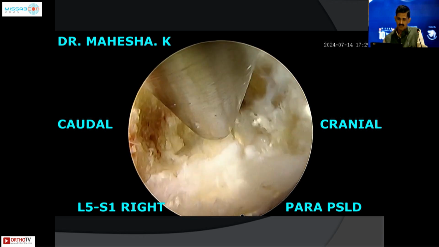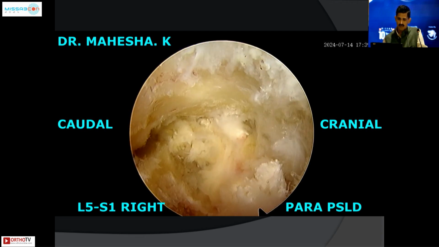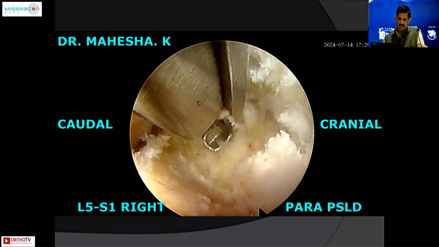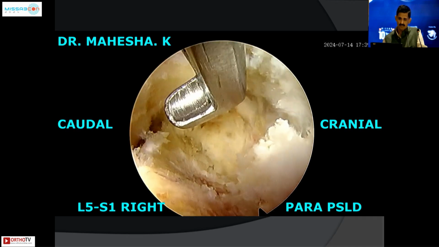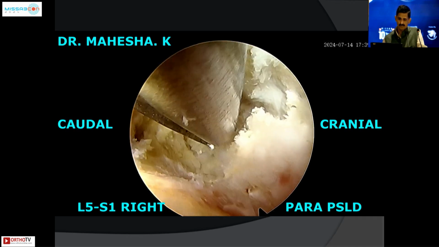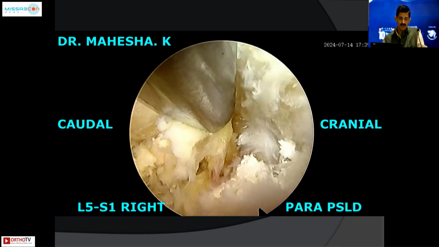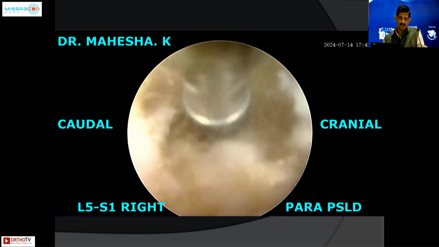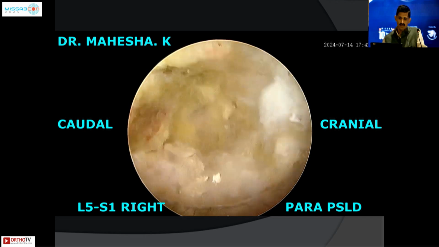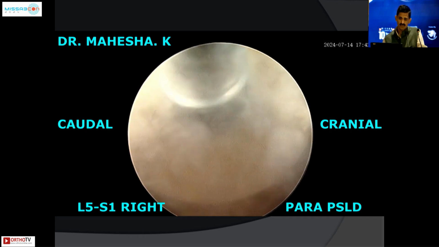So we use Kerrisons to remove the foraminal ligament as well as the intertransverse membrane. Once you identify the root, then it becomes easy because you know where the root is. So till we identify the root, you have to be careful.